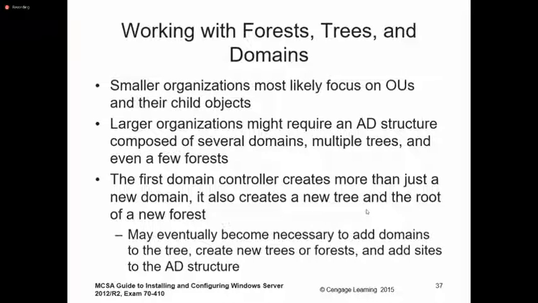So the very first domain controller creates more than a new domain. Because we have to create a forest, it creates a new domain, and then it creates a new tree also, right? Because when you create a domain, that means it's a new tree.